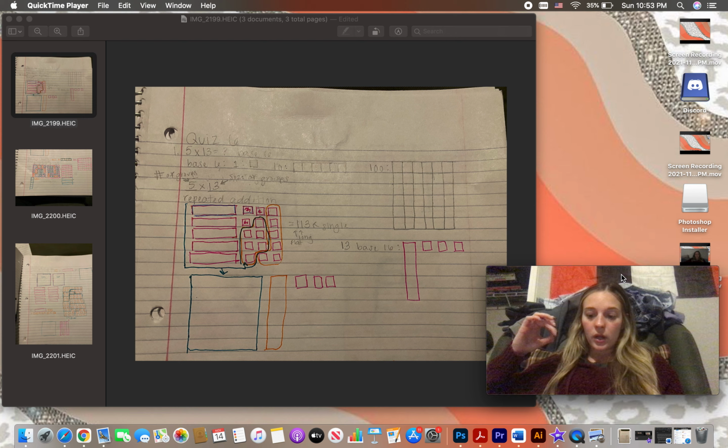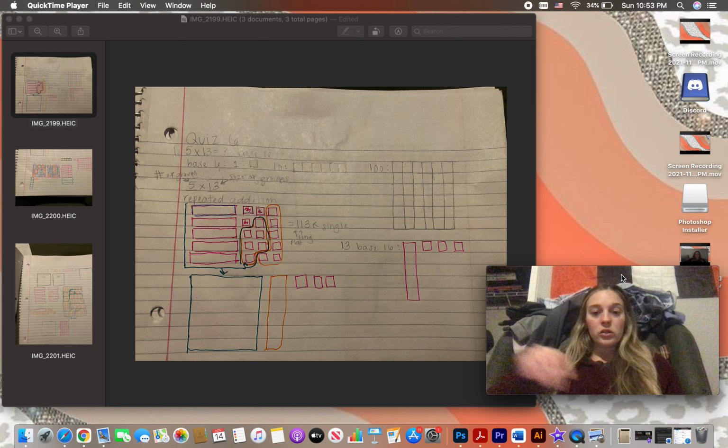Then we're going to look at the problem and figure out which one is the number of groups and which one is the size of groups. I chose that the number of groups is 5 and that the size of the groups is 13.